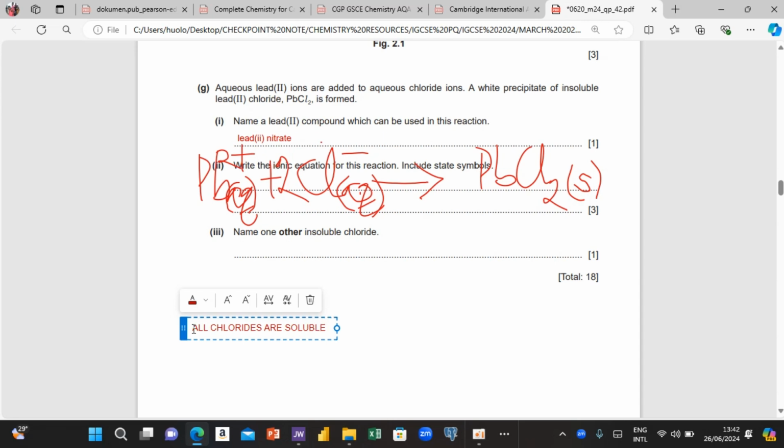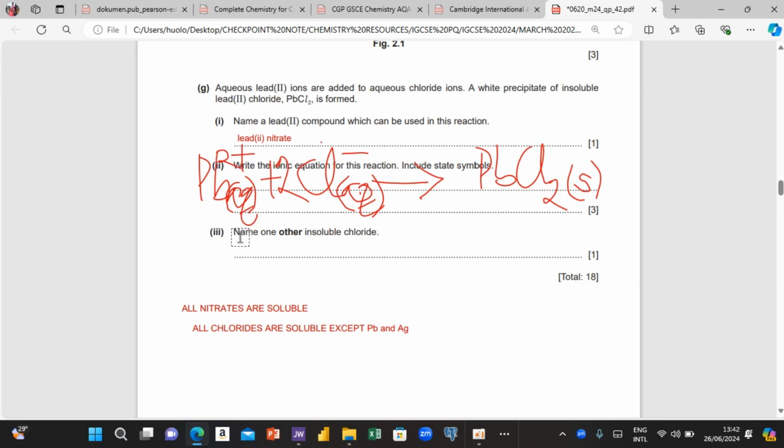In other words, all chlorides will dissolve in water. There are exceptions: chlorides of lead, that we have mentioned here, and chloride of silver. So lead-2 chloride and silver chloride are the insoluble chlorides.